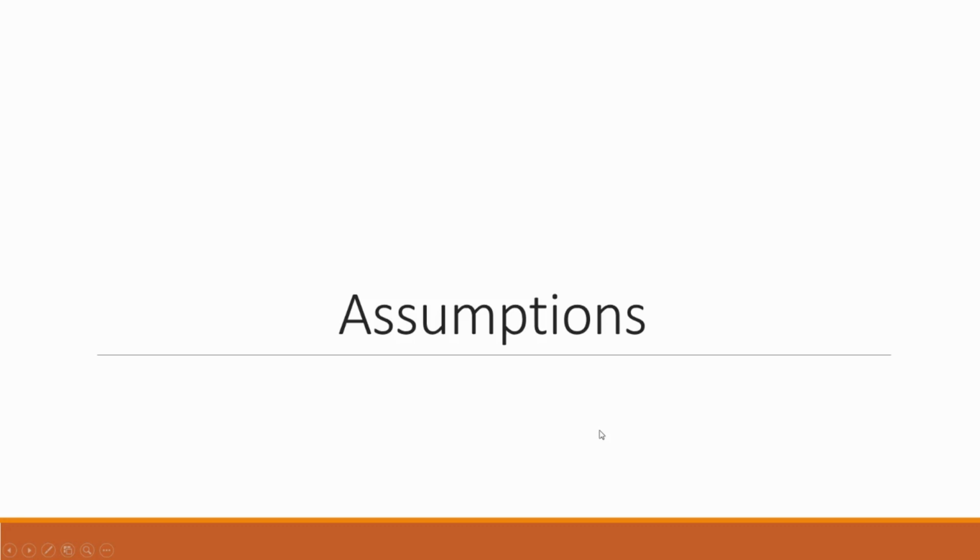Like I said when I was doing the background, every time we use one of these techniques, we have to make certain assumptions. These assumptions are critical. If these assumptions hold, then we are able to conclude that we've solved the omitted variable bias problem and we have an unbiased effect.